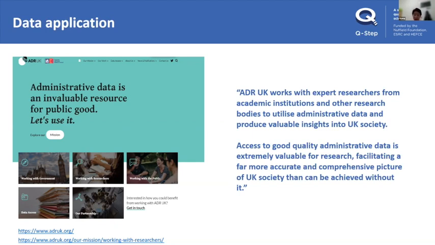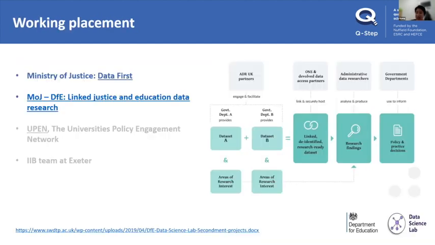It seeks to increase the use of administrative data by creating linked research-ready resources for multiple research purposes. This flowchart shows the cooperation process of the ADR UK partners, the Office for National Statistics, external researchers, and different departments of the central government.